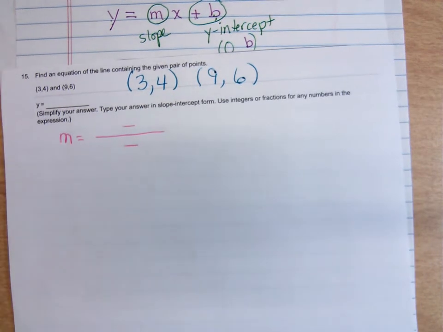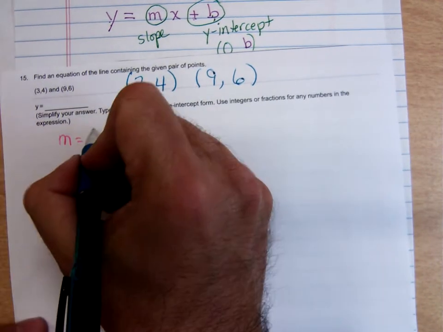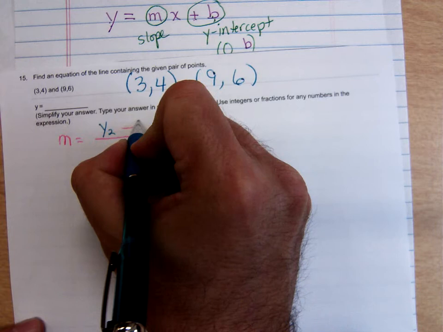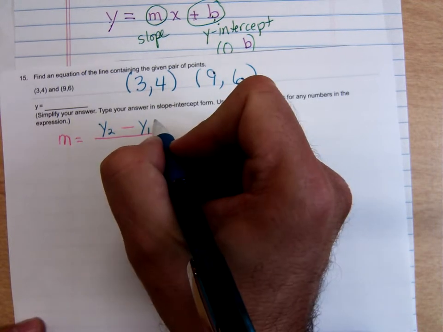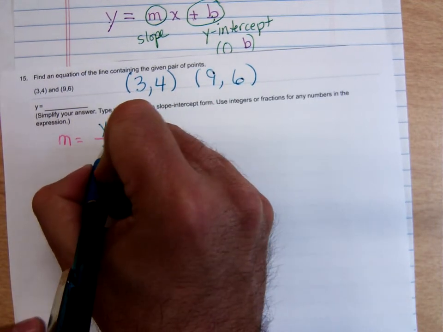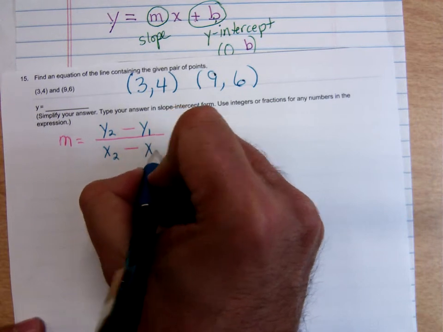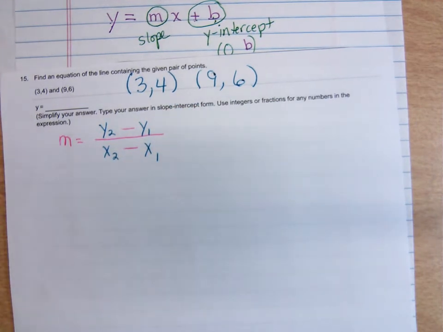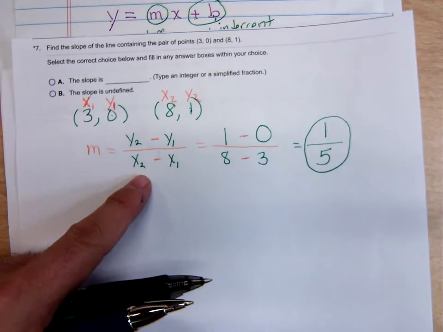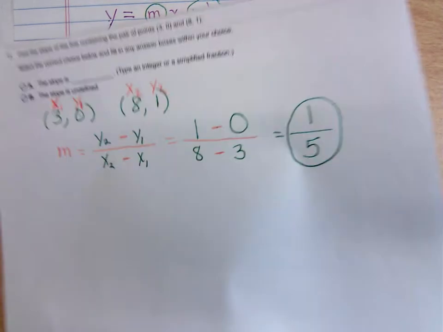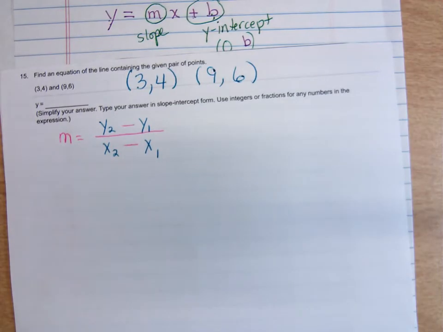It's second y minus first y over second x minus first x. Just using that formula like I did on this problem here. Once we know the slope, it'll be just like the 2 we just finished doing.